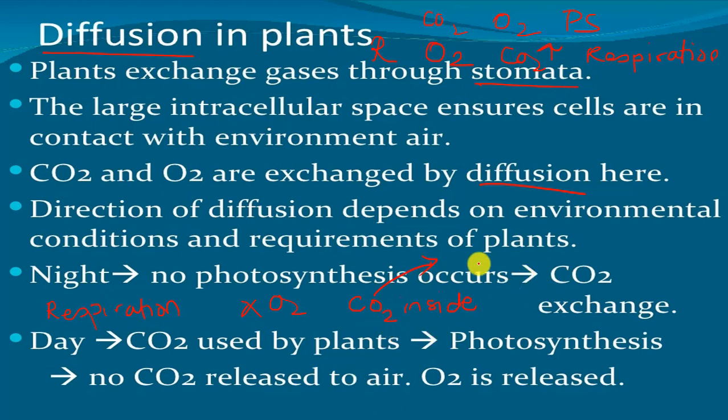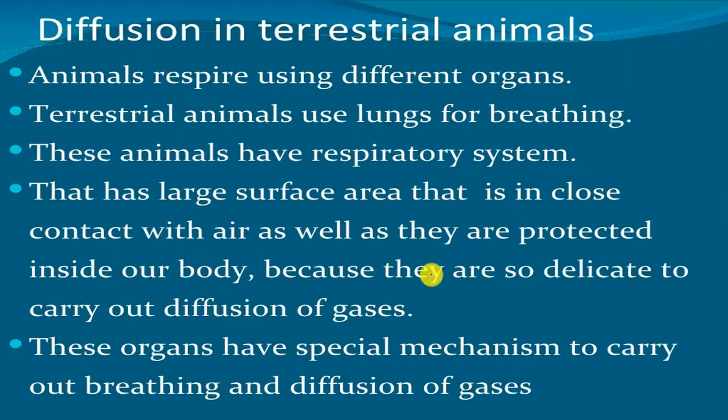Hence the amount of carbon dioxide given out is less than the amount taken in by the plant for photosynthesis. So the carbon dioxide given out is in a negligible amount, hence we don't count it, and it is said that carbon dioxide is given out only during the night, but it is not exactly that. All this exchange of gases takes place by diffusion only, through the stomata.